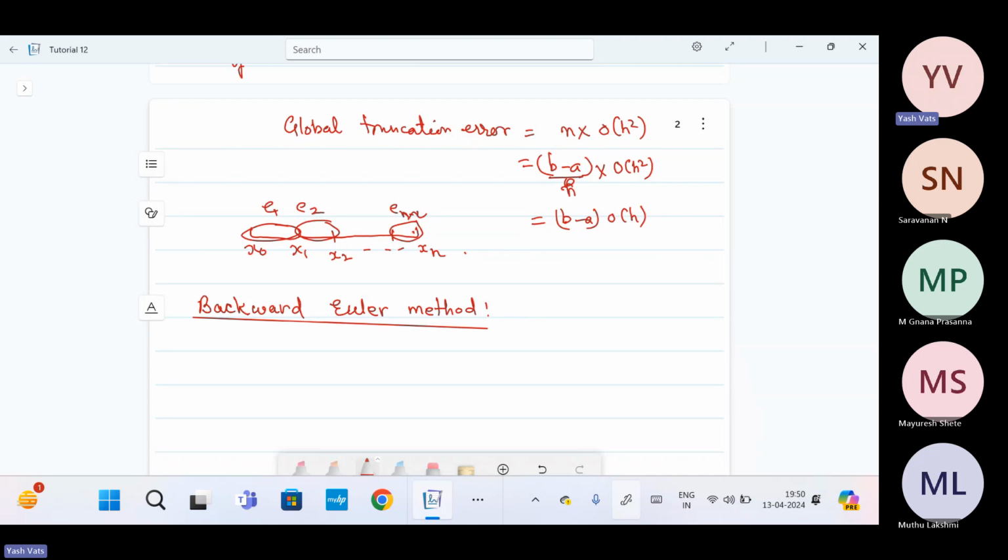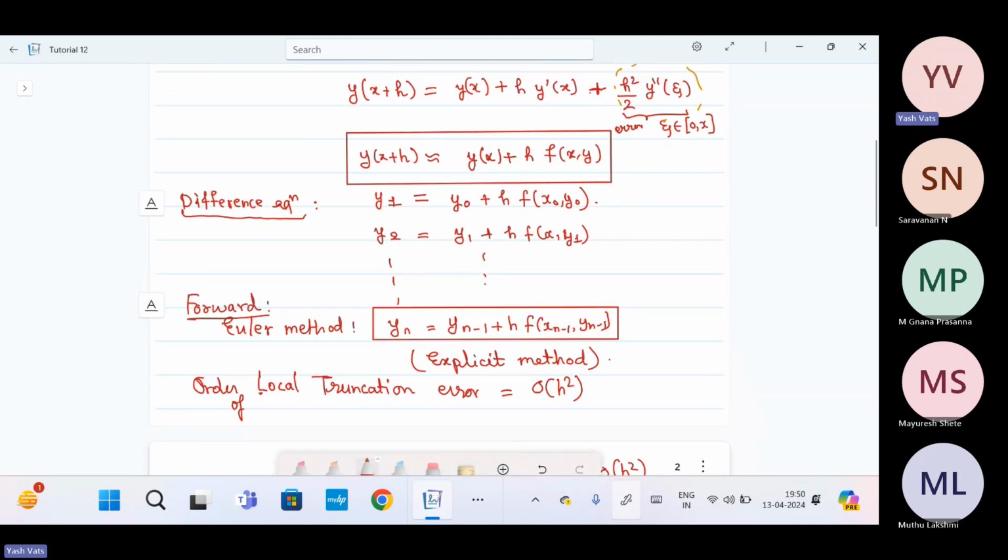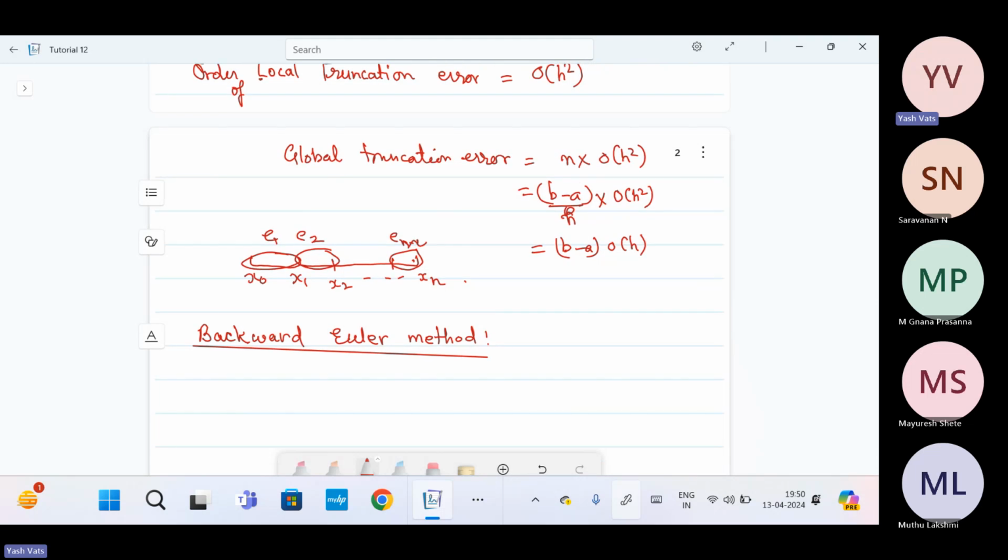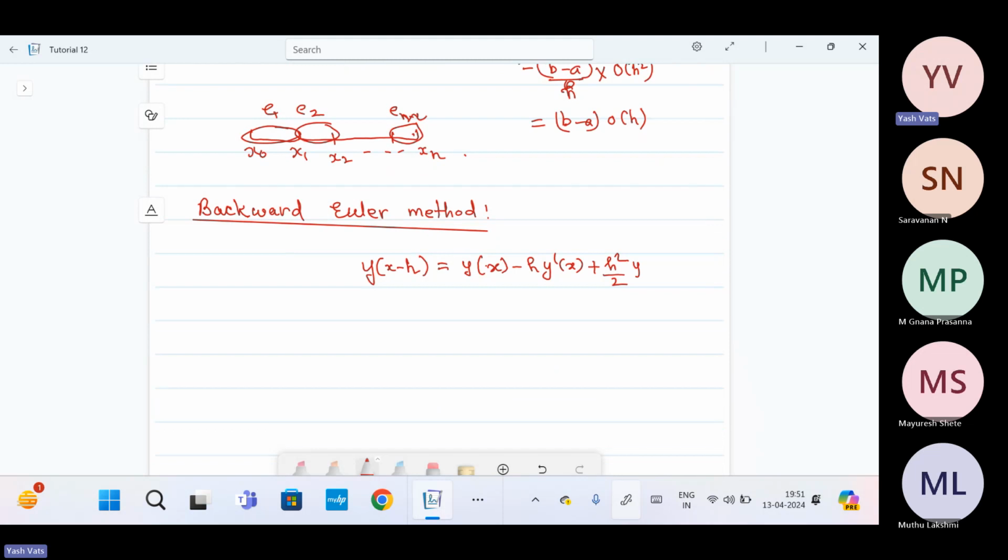Okay, let's see first. What we do in the backward Euler method is the same, with similar modifications. y(x minus h), we just go back in time, because the name implies backward. So y(x minus h) equals y(x) minus h y prime(x) plus h squared by 2, again using the Taylor series approach.